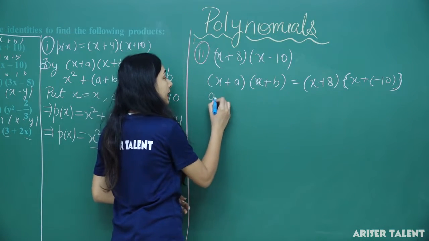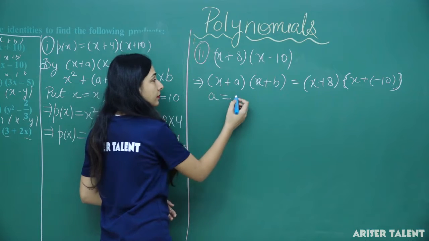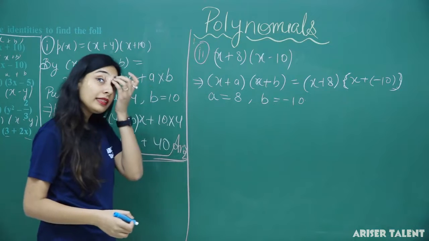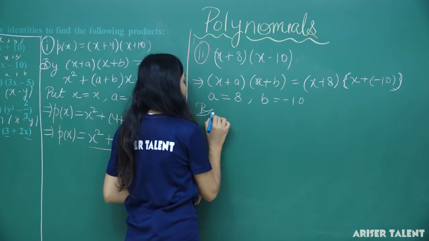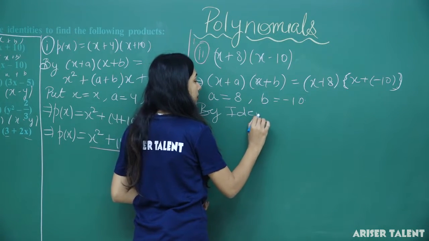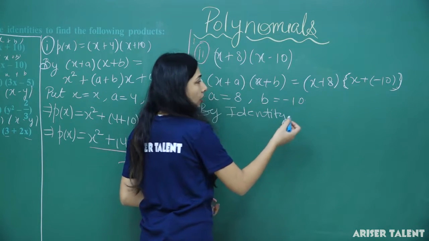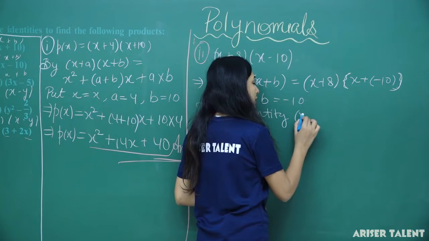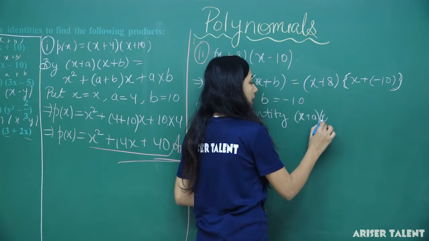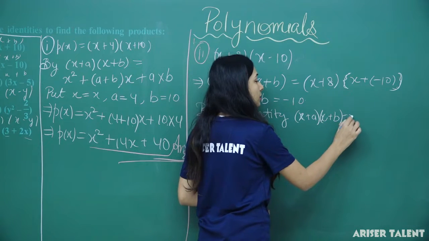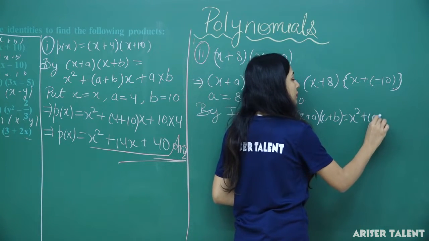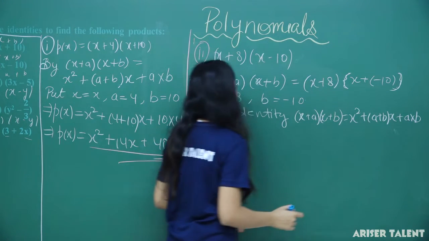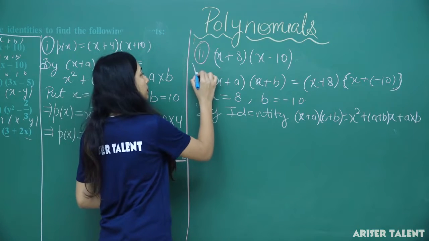So a equals 8 and b equals minus 10. By the same identity, do I need to write the identity? Okay, this time I am writing x plus a, x plus b equals x square plus a plus b x plus a multiplied by b. This is your px, let's suppose.